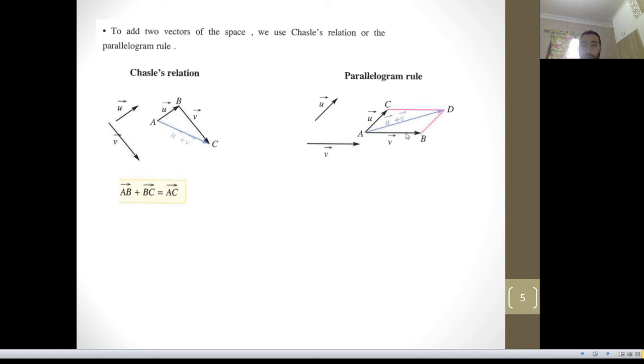طيب هلا parallelogram rule عندي vector AB وvector AC. هن عندهم same starting point.